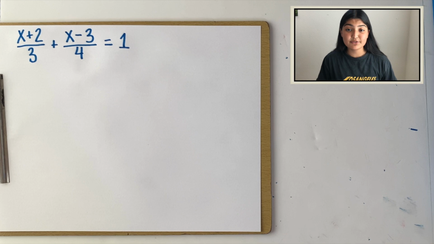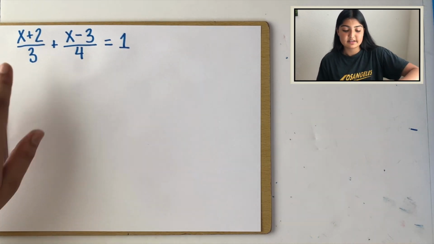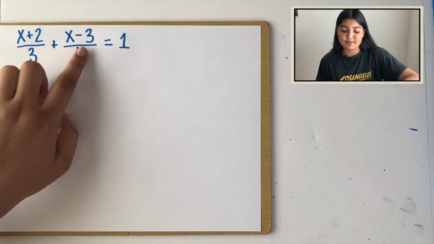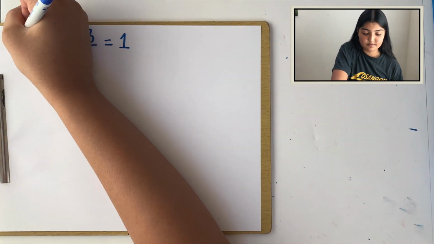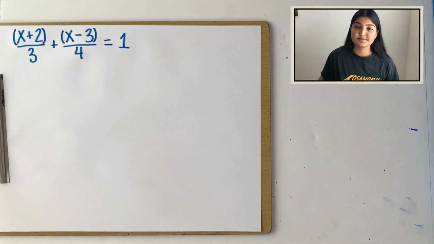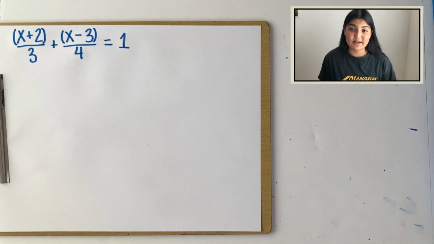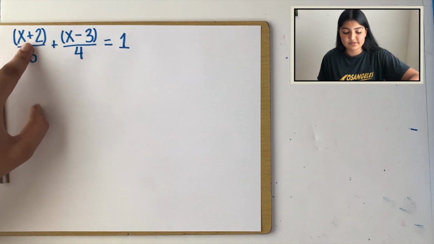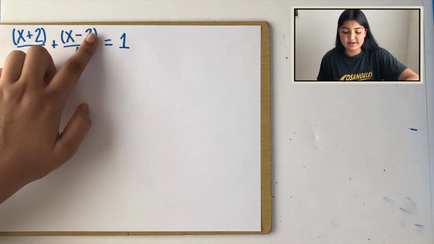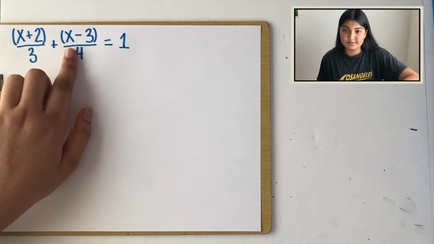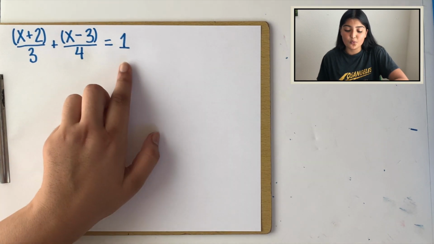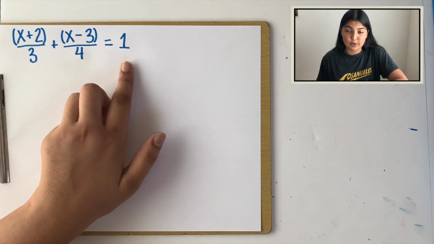Just like we did before, let's put parentheses around x plus 2 and x minus 3. Parentheses tells us that we need to keep this together and consider it as 1. Now, let's write 1 in fraction form.